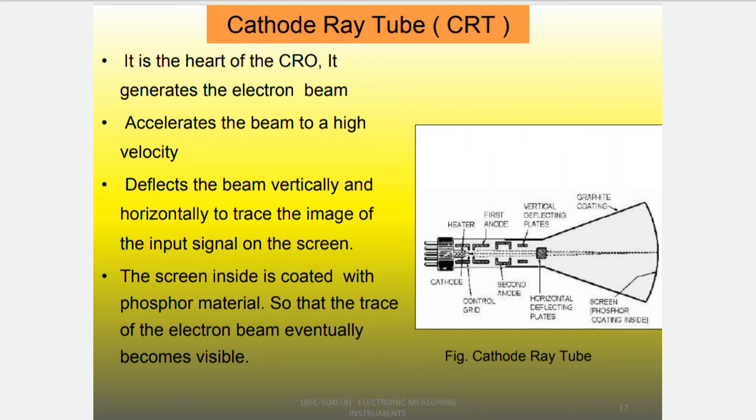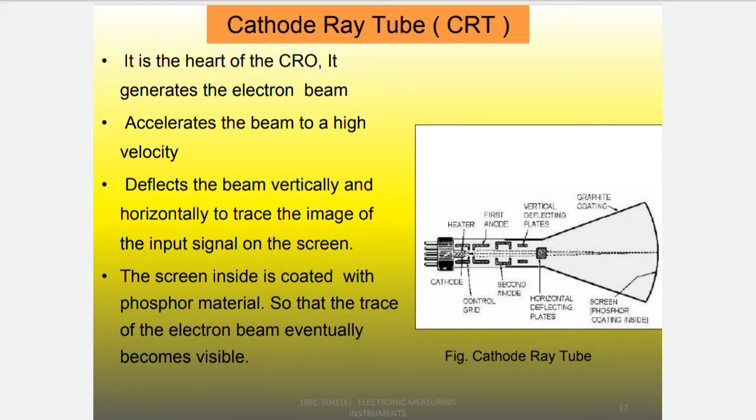It generates an electron beam, accelerates the beam to a high velocity, and deflects the beam vertically and horizontally to trace the image of the input signal on the screen. The screen inside is coated with phosphor material, so that the trace of the electron beam eventually becomes visible.